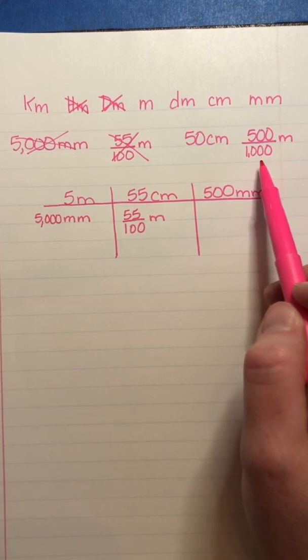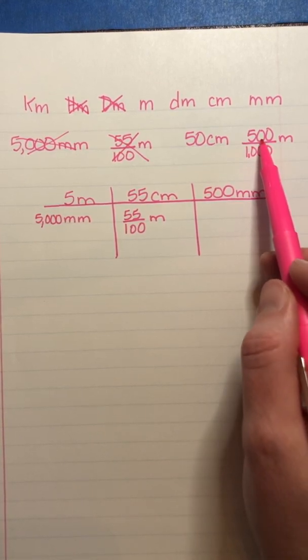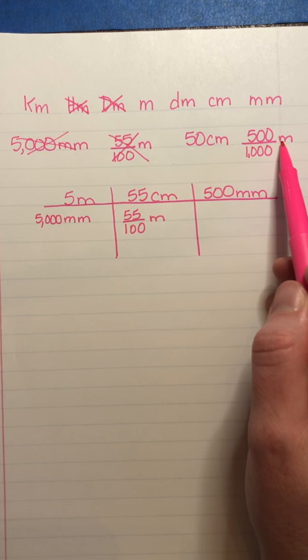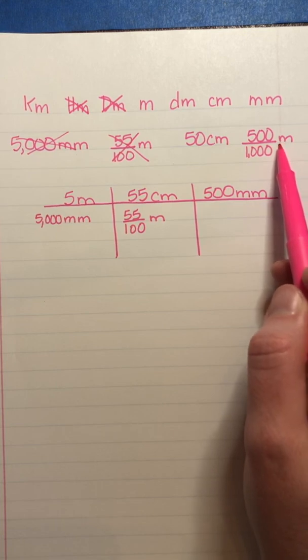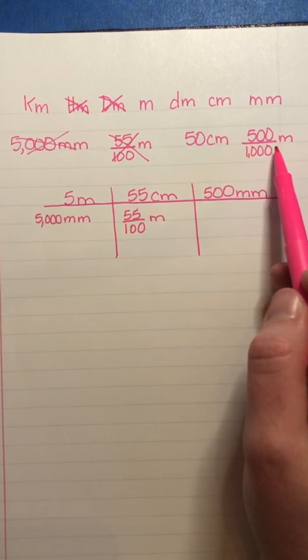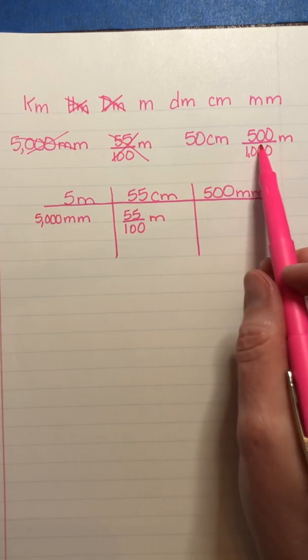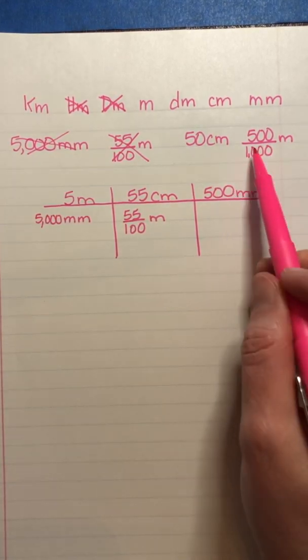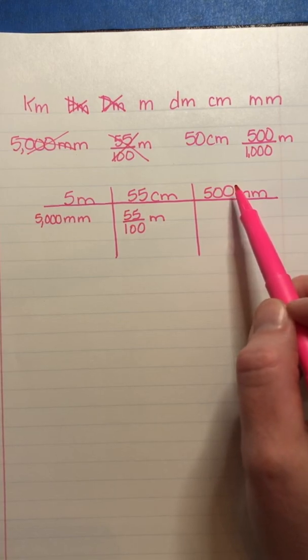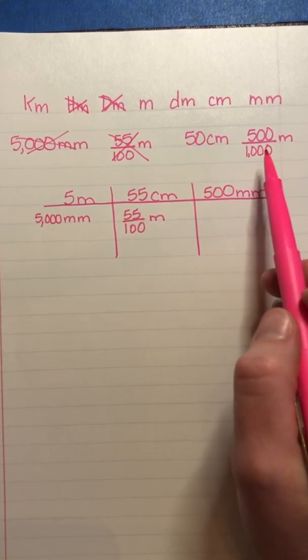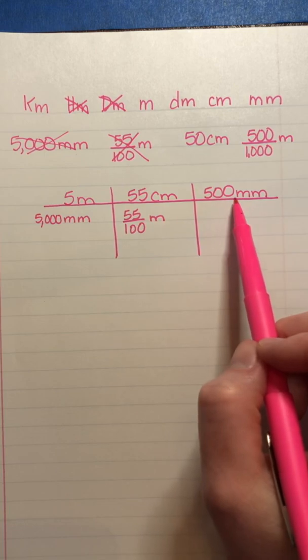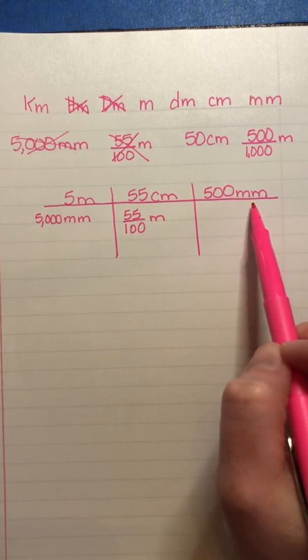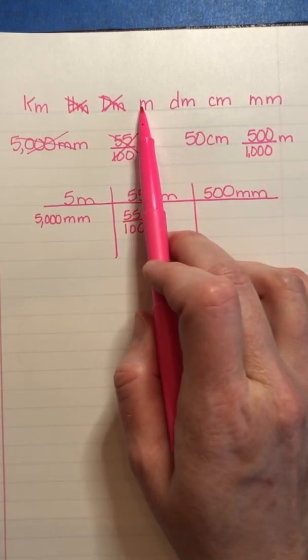Let's look at that fraction one again. So 500 thousandths meter. Well, let's see. 500, 500. Maybe these two go together, but let's check it out and see if that works. So if I have 500 millimeters and I wanted to write that as a fraction, remember we start at meter.